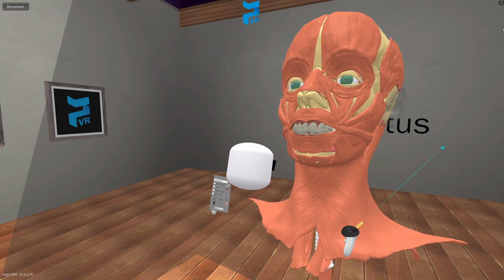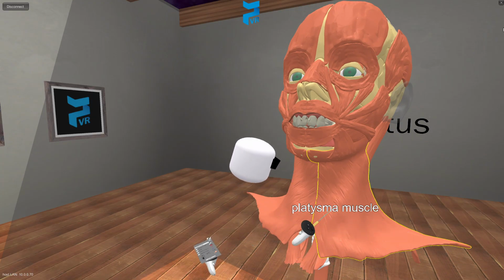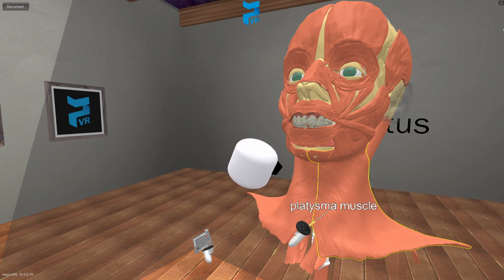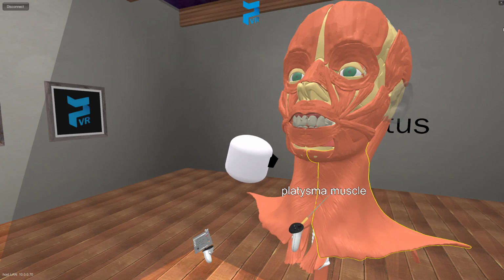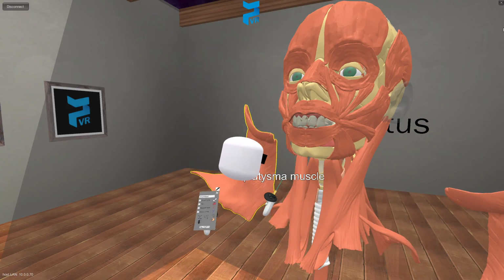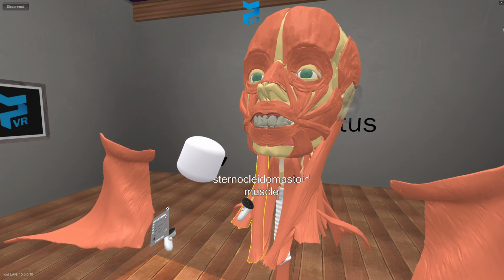So some of the larger muscles that you will be required to know is your platysma muscle. A super thin and pretty large muscle on the anterior aspect, and it kind of covers all your important structures of your neck. If I remove that on both sides, you will now have your sternocleidomastoid muscle.